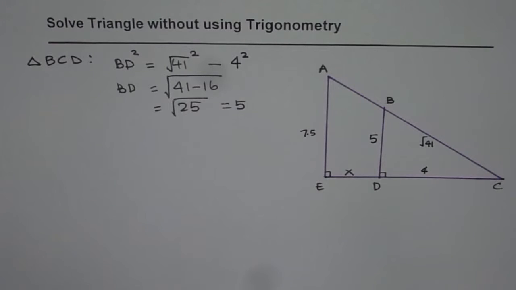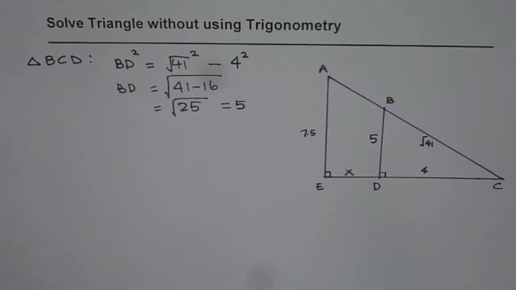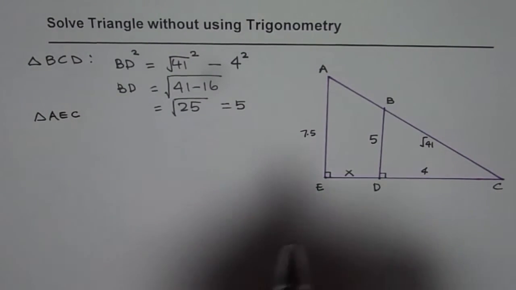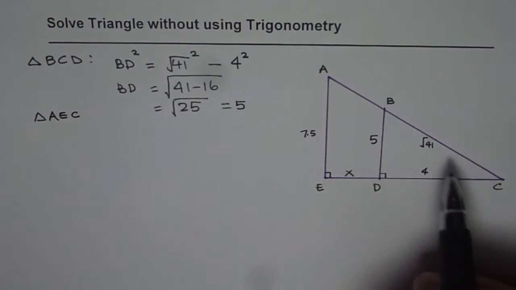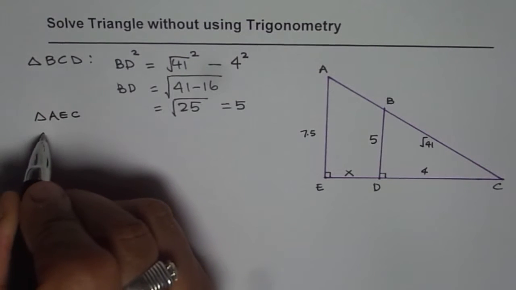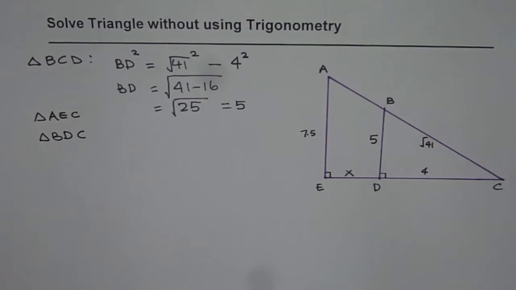Now if we consider the bigger triangle, which is triangle AEC, and the triangle BDC, then what do you observe?